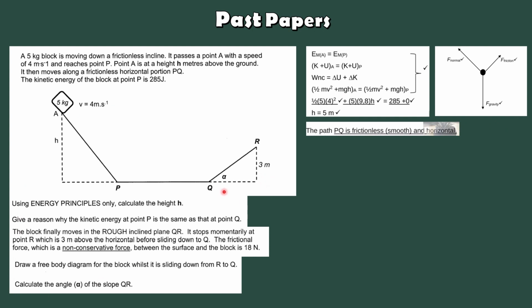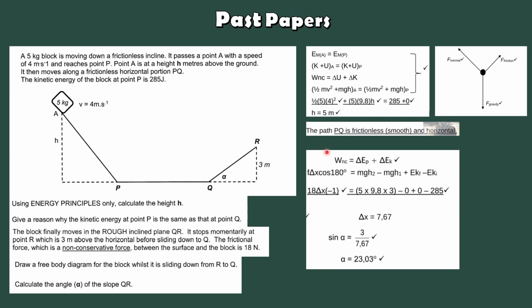So we're calculating this. Now you could use your work non-conservative. So you do the same thing. You have your F, your x component, your cos of 180 equals your potential energy and your kinetic energy. So you have 18 because they told you at the beginning that it was 18, and you have delta x, and you're multiplying by negative 1 because cos 180 is minus 1.